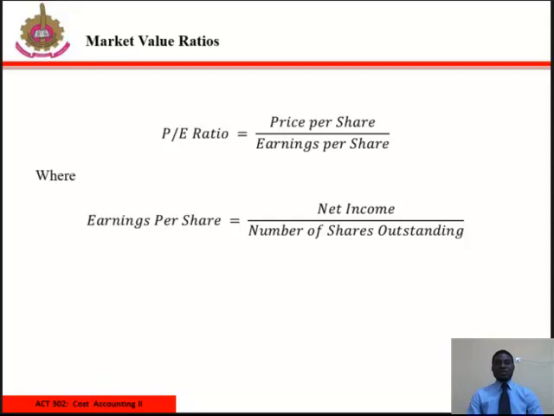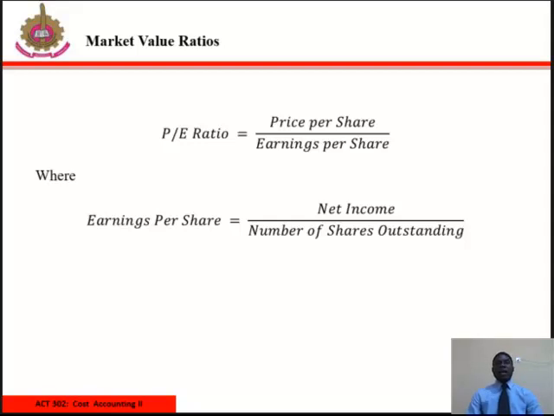This price earnings ratio is calculated by dividing the current market price per share of the stock by earnings per share, that is the EPS. The earnings per share are calculated by dividing net income by the number of shares outstanding, as you know. Now, the PE ratio indicates how much investors are willing to pay per naira of current earnings.